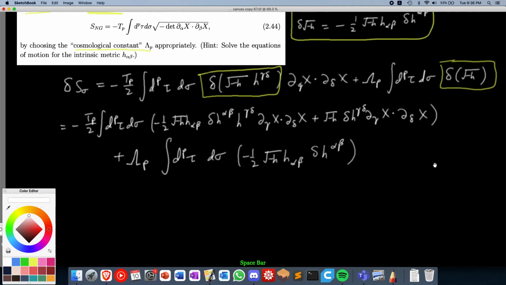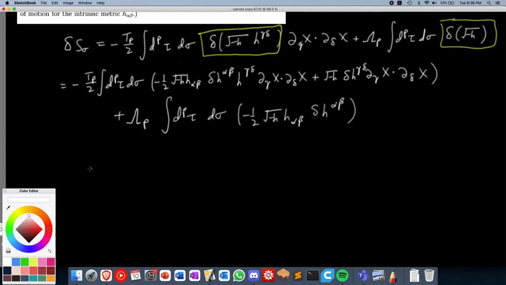So from here we can do some grouping of the terms, namely let's pull out the integral d^p sigma d tau. Then there are some common terms over here. What are the common terms?